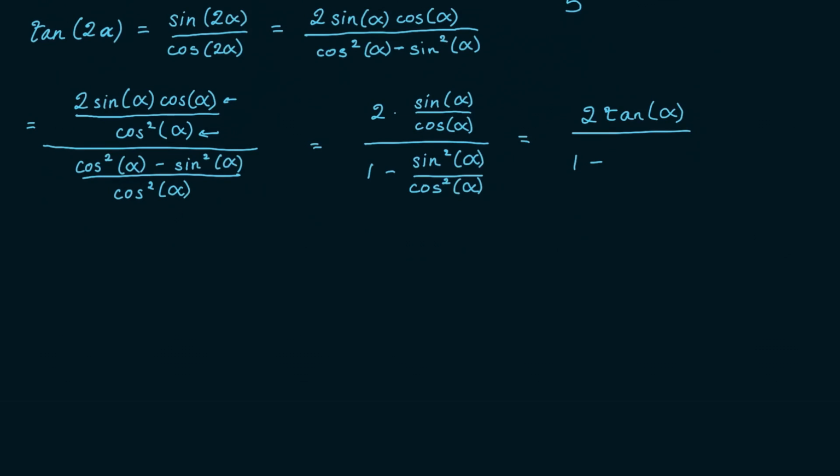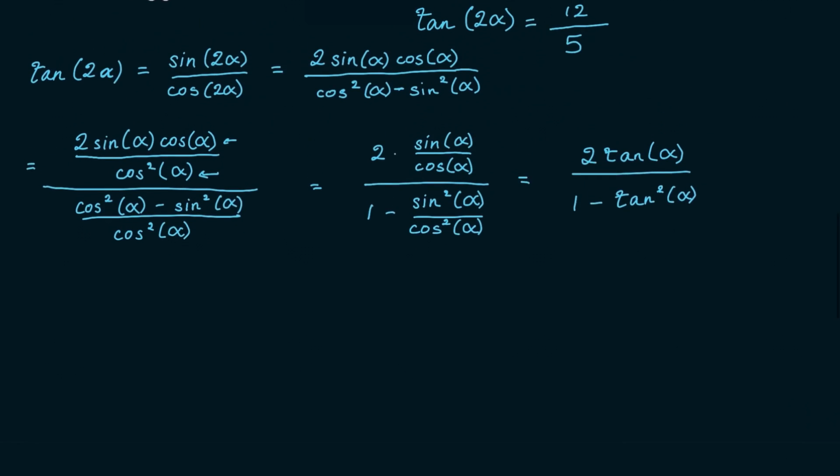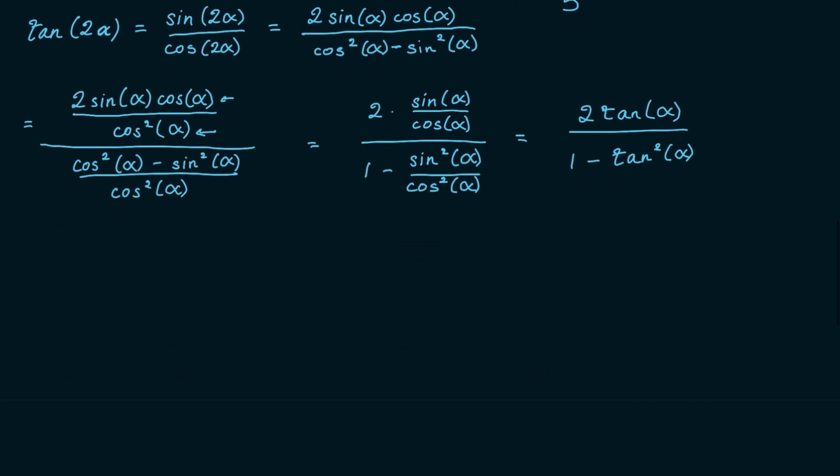Well, that's the same thing as the sine of alpha divided by the cosine of alpha and the whole thing squared. So this is just equal to tangent squared of alpha. Alright? And what did we say that tangent of 2 alpha was before? It was 12 over 5. So this whole thing is equal to 12 over 5.